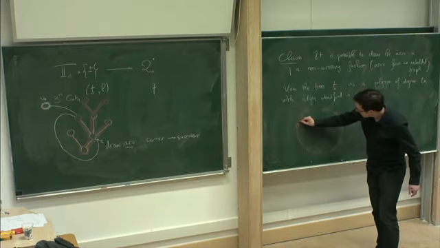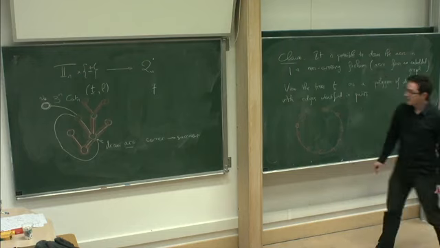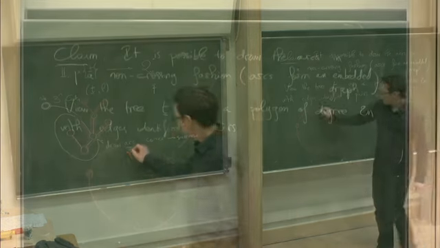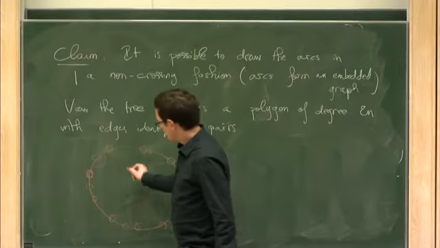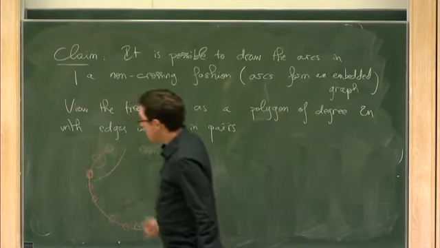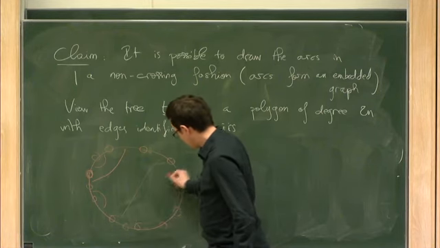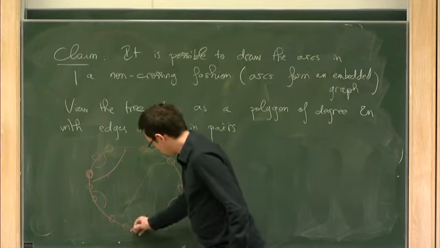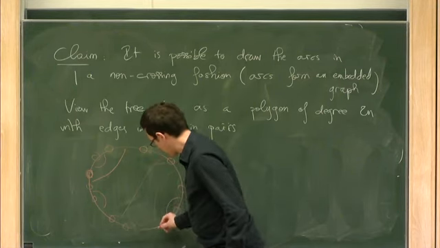So these two edges really have to be glued together. And then the next two edges will be identified together, and so on and so forth. So maybe I will not do it for the whole tree because I might make a mistake. But you really have a non-crossing diagram of identifications within the polygon. Something like this.